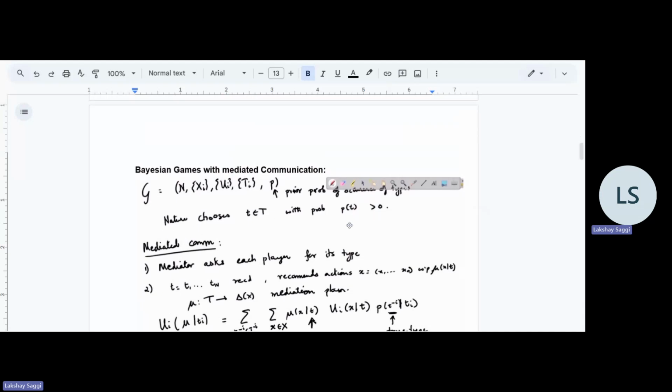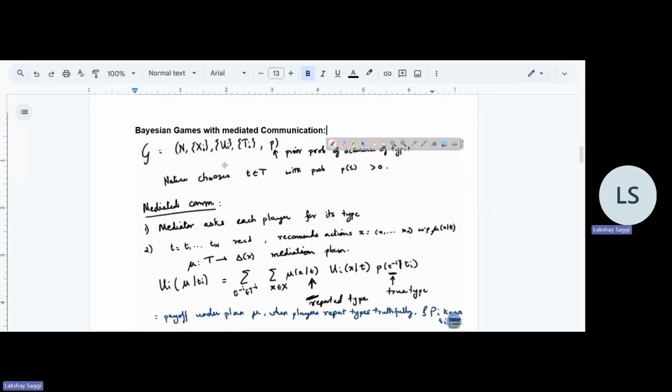For every agent, nature chooses some type T with some probability PT. Some probability distribution is initially given, and then every player is assigned some type with respect to this probability distribution.